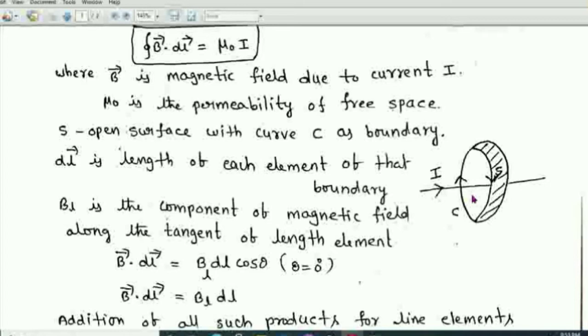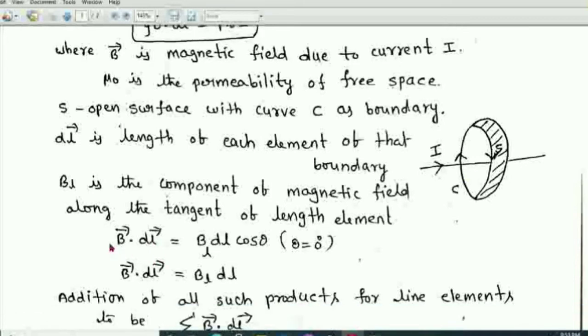Now if you consider this B bar dot dl bar and apply the dot product formula, the magnitude of B bar is BL, since we have already discussed that BL is the component of the magnetic field along the tangent of the length element. The magnitude of dl bar is dl, and here there is cos theta, because A bar dot B bar is equal to AB cos theta, where theta is the angle between B bar and dl bar.